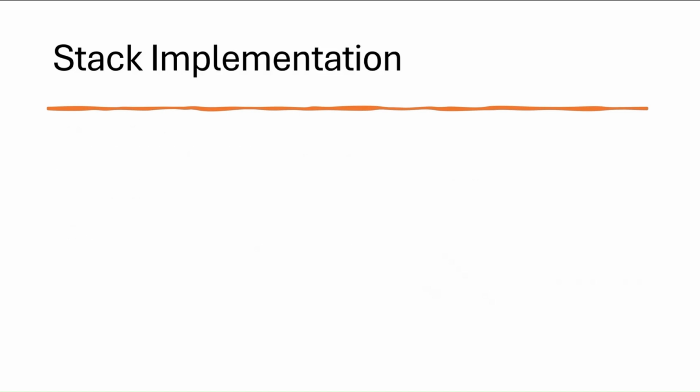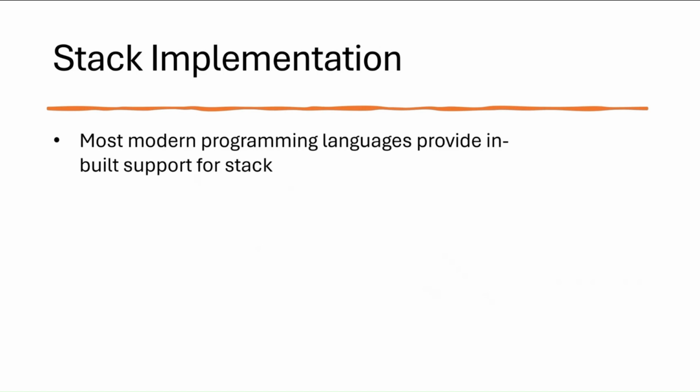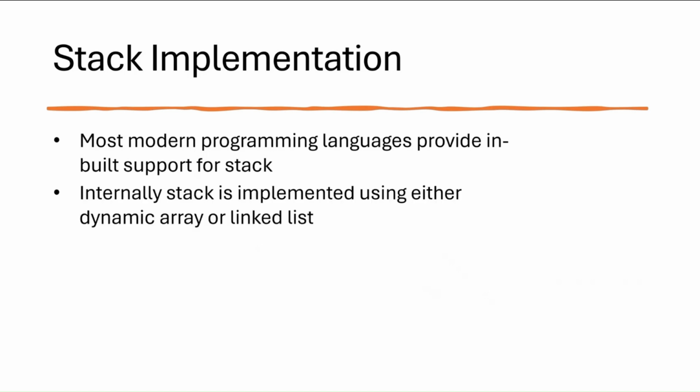Now let's understand the stack implementation. Most of the modern programming languages provide inbuilt library support for a stack data structure. Internally, which is not exposed to us by the way, stack is implemented using a dynamic array or a linked list.